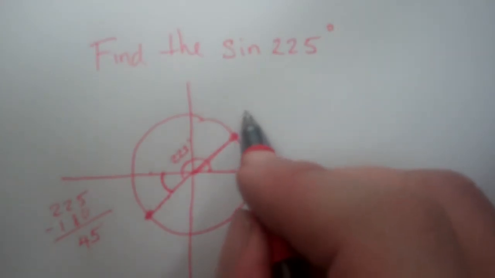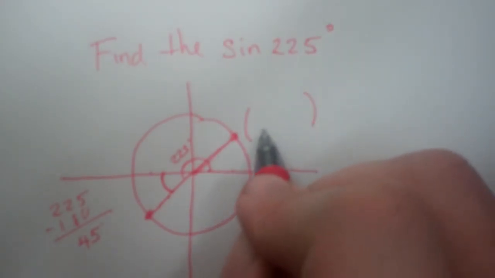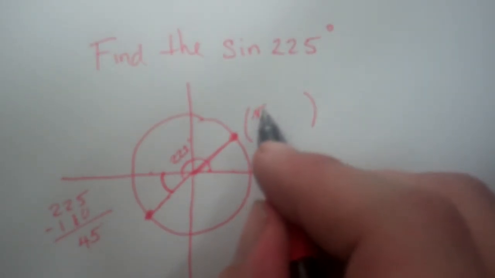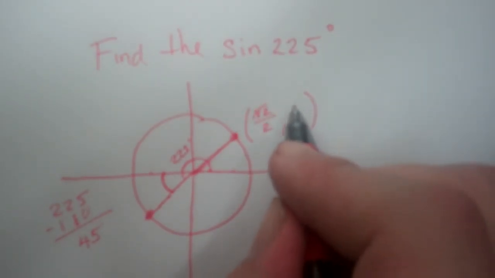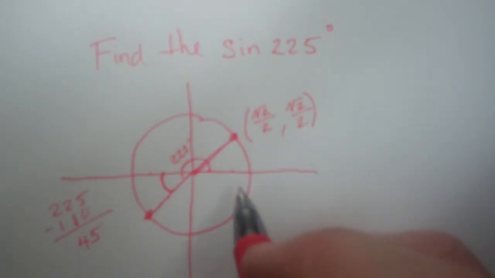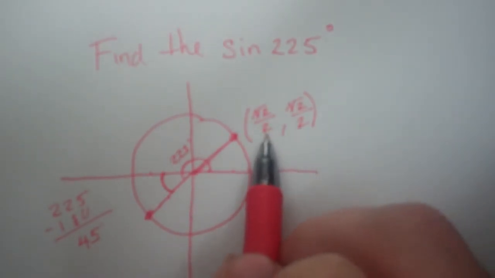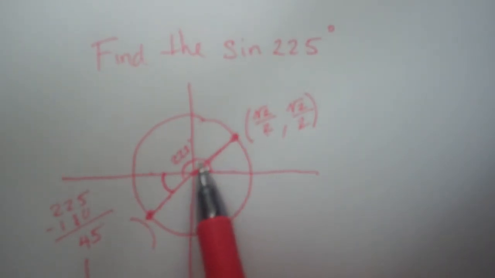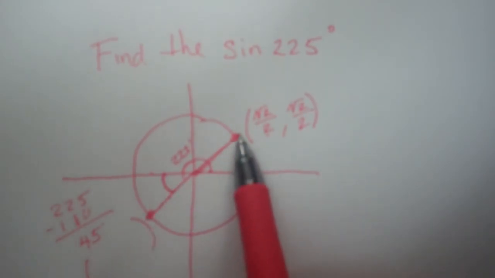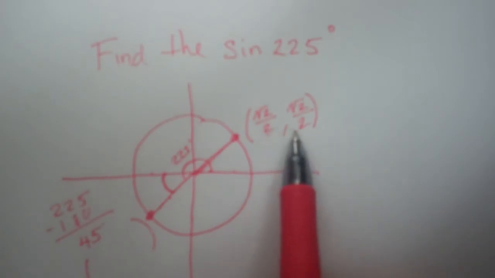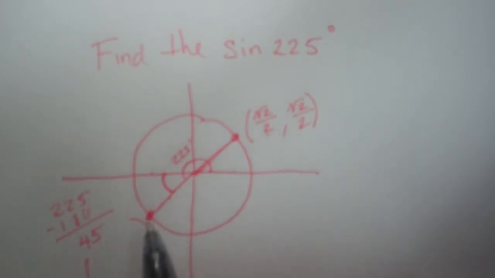That's excellent because we know a lot about the cosine and the sine of 45 degrees. The cosine of 45 degrees is radical 2 over 2. The sine of 45 degrees is radical 2 over 2. And we can use the knowledge that we have about these coordinates to find these coordinates. Let's see. It appears that we are reflecting this point through the origin, which means that we'll have the same numbers except we will have to change the sign of both.